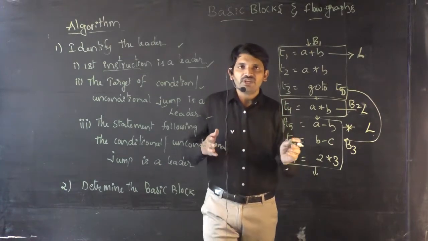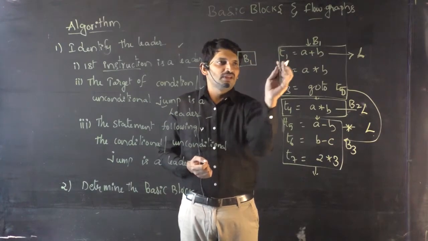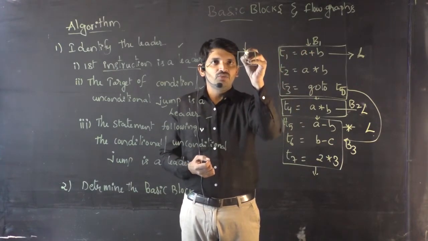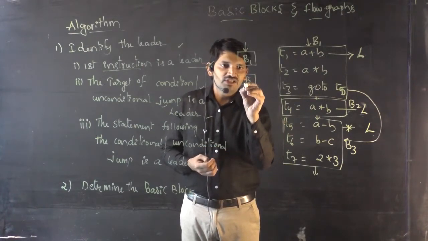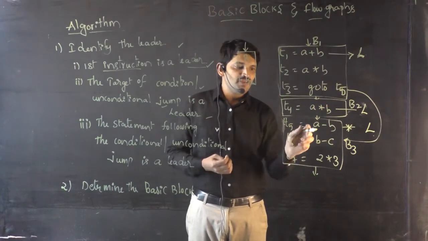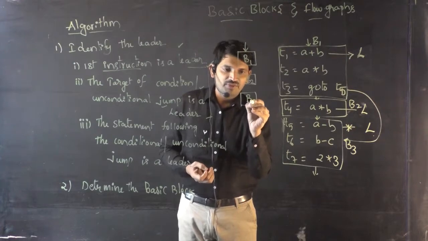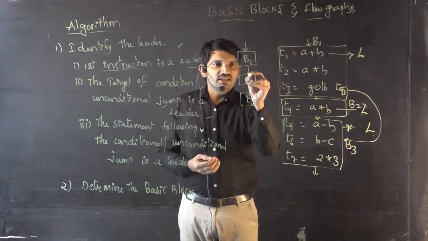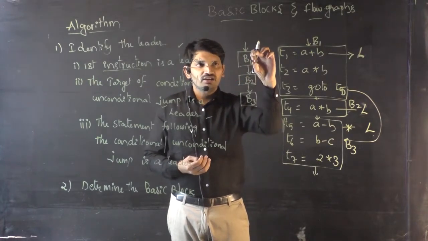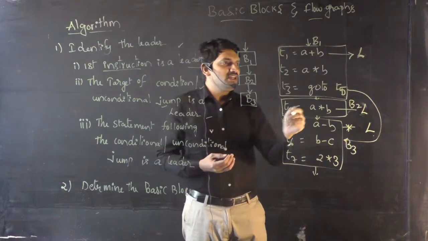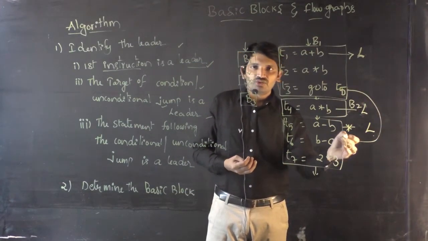More easily we can represent it as, let us say this is my B1, with one entry point, then B2. So B2 consists of only one instruction, T4 equal to A cross B, then B3. Here this is the B3. So the sequential order of execution is done in these particular blocks, and here we can find from B1 there is an edge to B3.